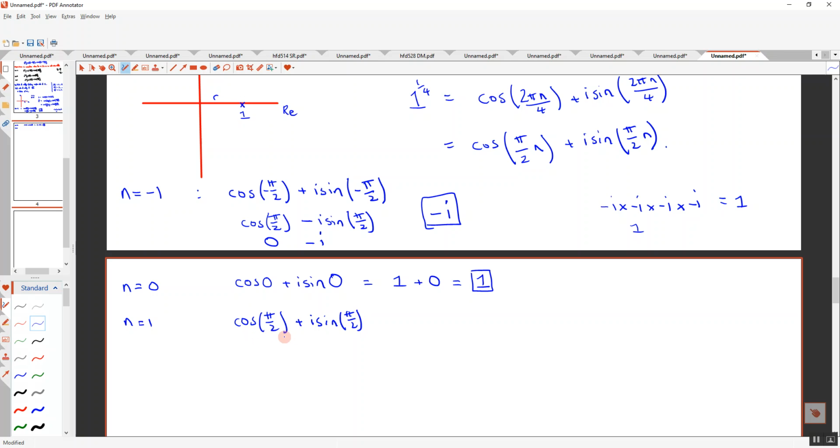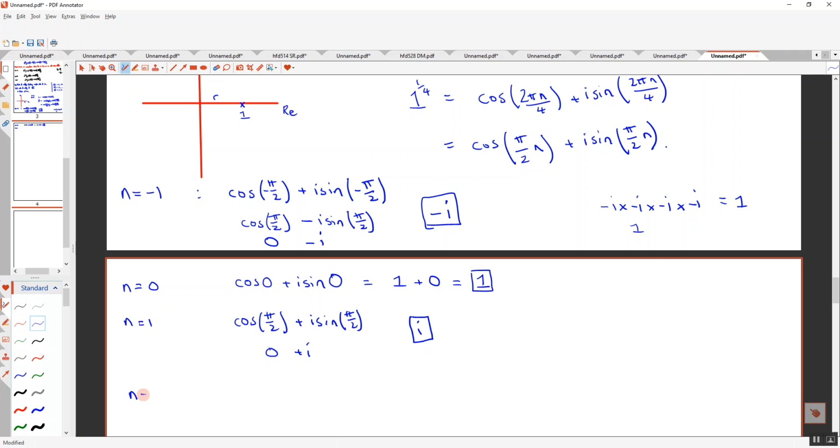Cos of 90 is 0. Sine of 90 is 1, so I get plus i. So i is another one, and that makes sense, because i to the power of 4 is equal to 1.